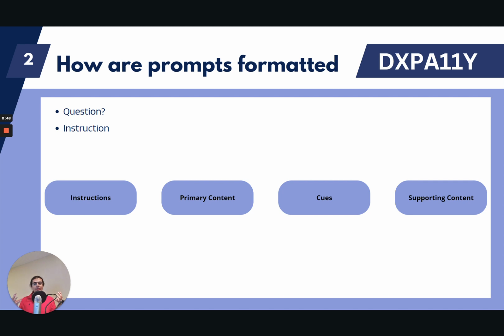Primary content is all about having this text or content and then asking an instruction around that text, like translate the following sentence or summarize the following sentence, and so on and so forth. Cues are guiding points, how you guide it in the way you want the action to happen. And then supporting content is the 4th example, where you support it with some supporting content that guides it on answering.